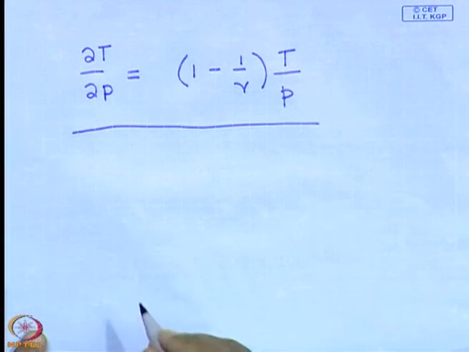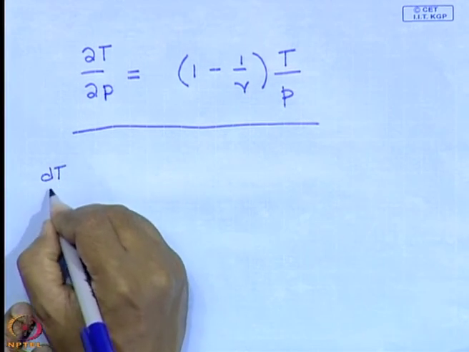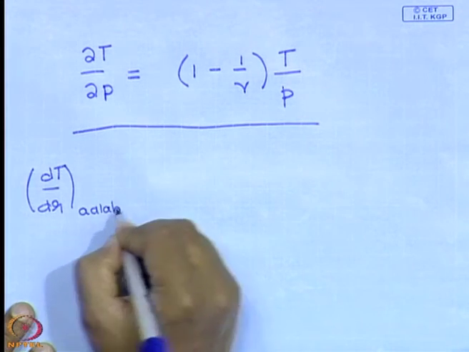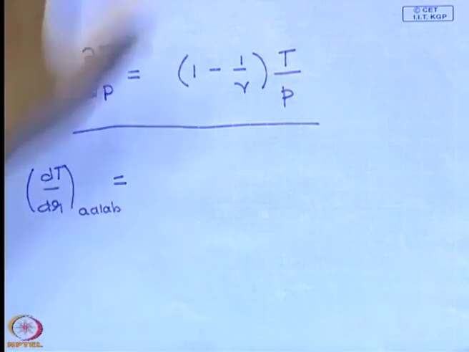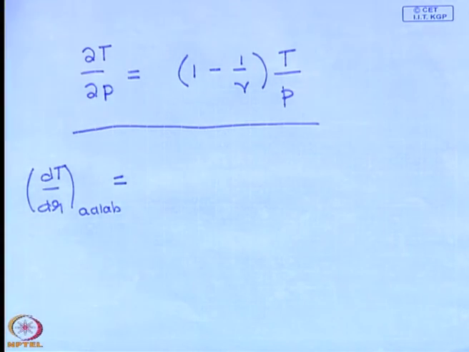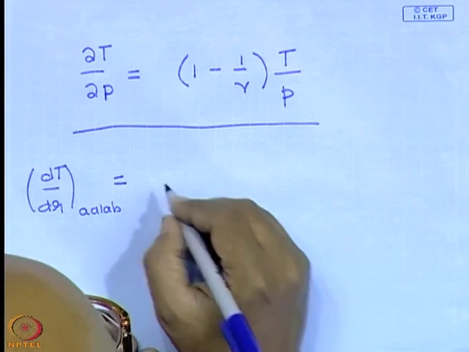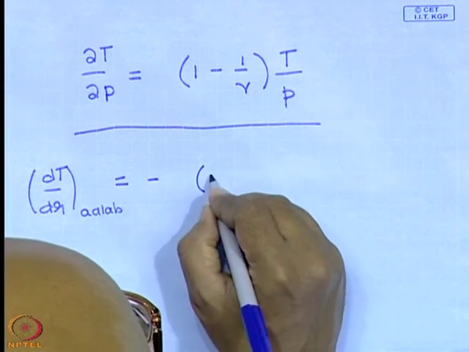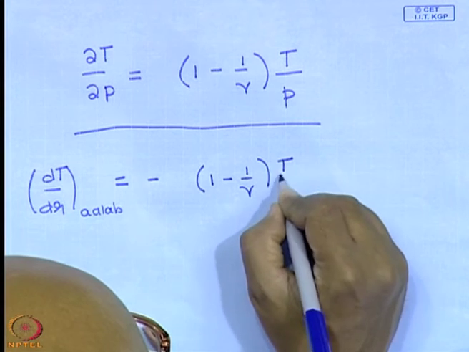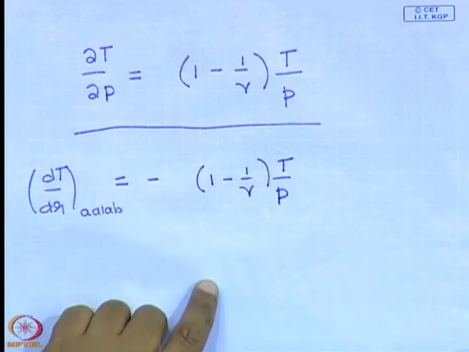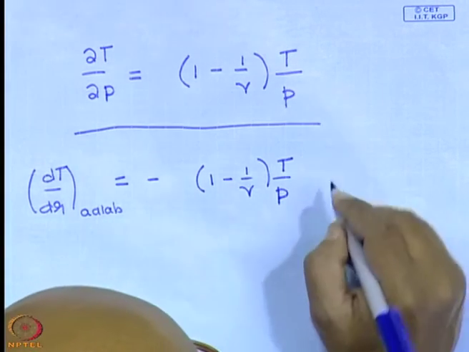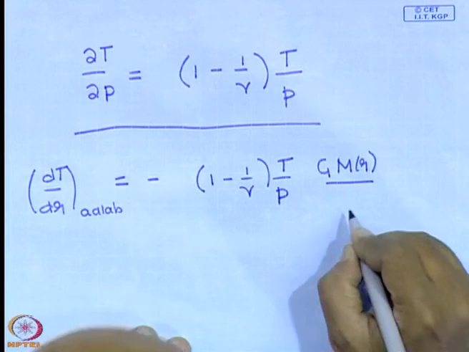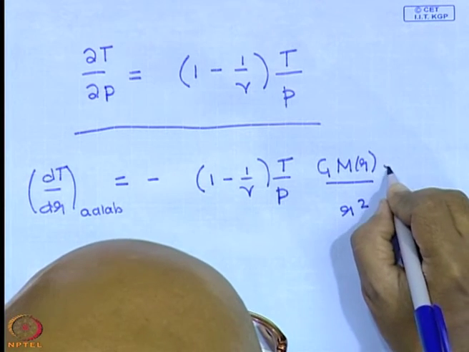And we use this to calculate the adiabatic temperature gradient dT dr. So, this is now equal to 1 minus 1 by gamma T by P. So, this is del T del P, and then we have del P del r, which is minus G M r by r square into rho.